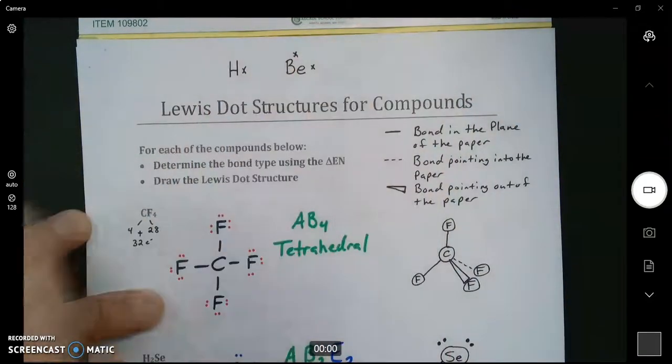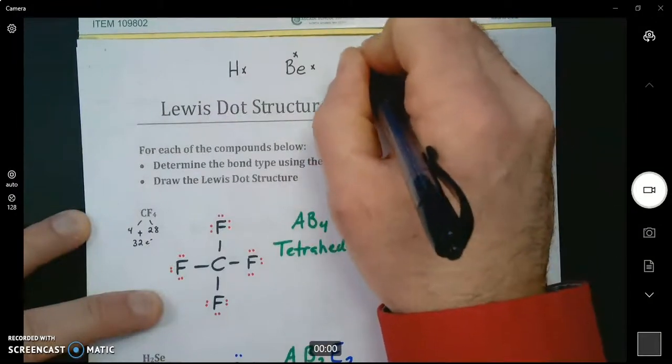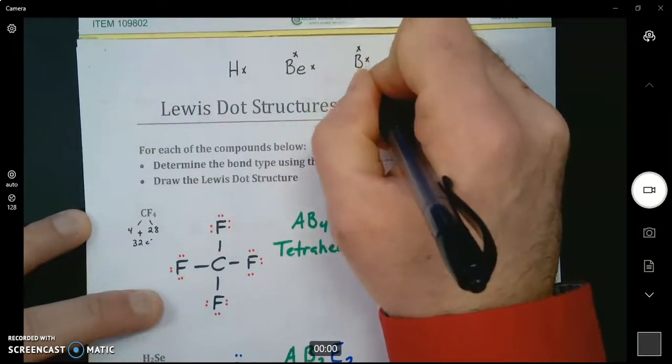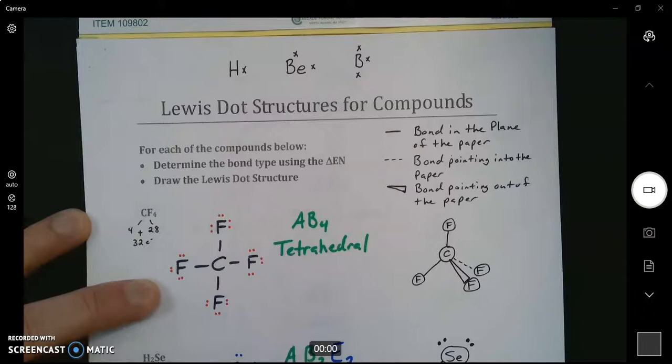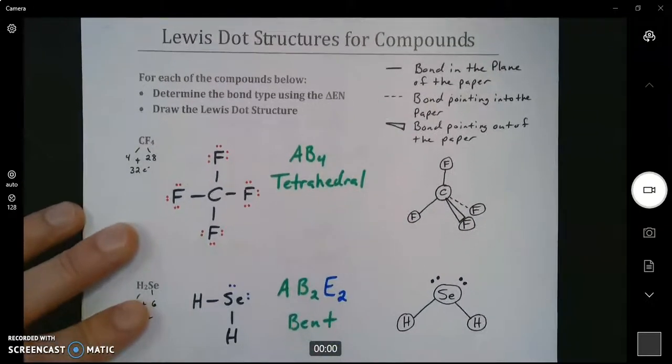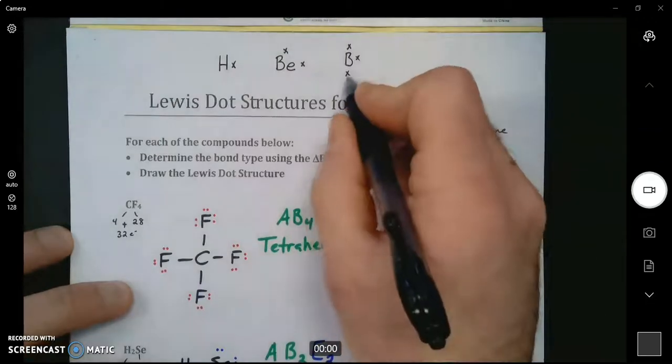It'll make 2 bonds and be content. And then something like boron or aluminum, that occasionally will make a covalent bond, is going to make 3 bonds, and then that's it. Okay. Carbon has 4, and then anything with 4 or more wants the octet. Anything with less than 4 valence simply wants to bond its unpaired electrons.